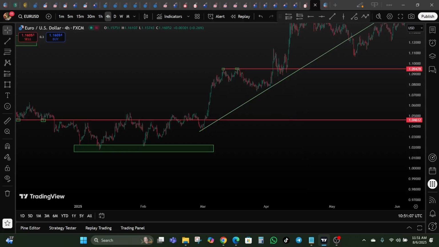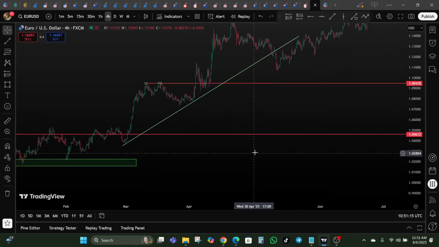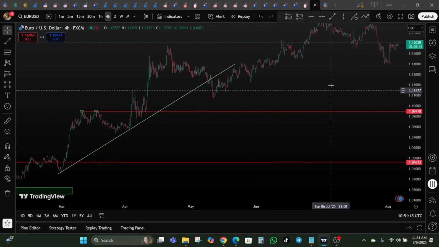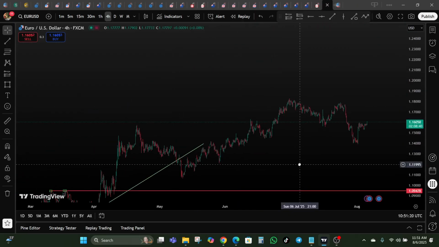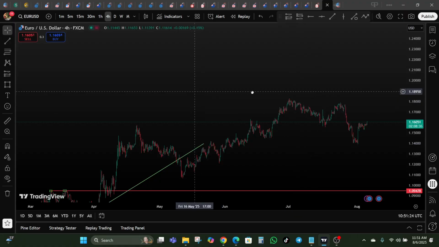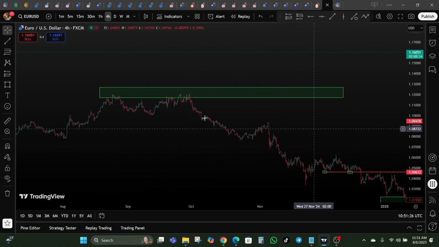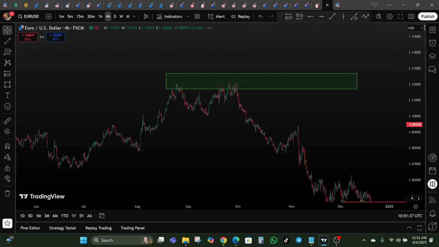Now, there are two key types of liquidity that you need to understand. We have the buy side liquidity, and the buy side liquidity is usually above swing highs where short sellers have their stop losses. So let us use this resistance as an example.